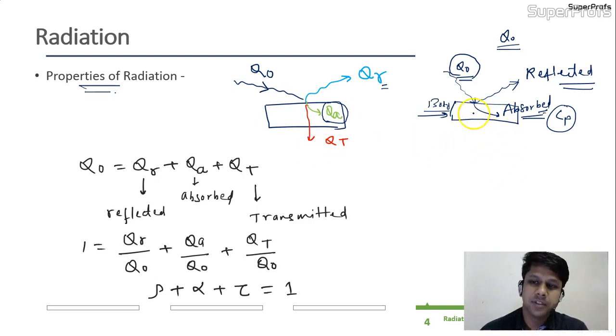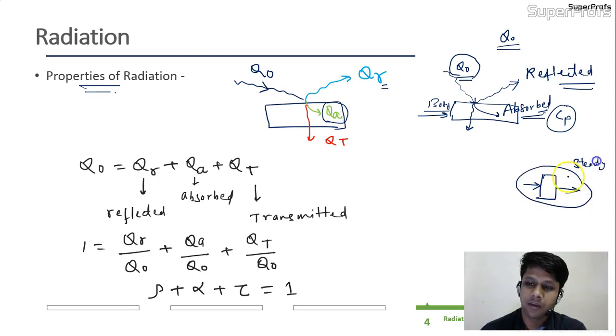Now the third possibility is it will transmit the heat, like we discussed in the second chapter, the conduction. If some heat is coming from this side and from this surface, some amount of heat will leave from this object, and if it is steady flow, then if heat entering is Q1, then heat exit will also be Q1. So here let us say this is the transmitted heat.